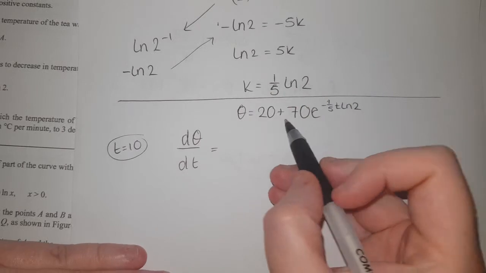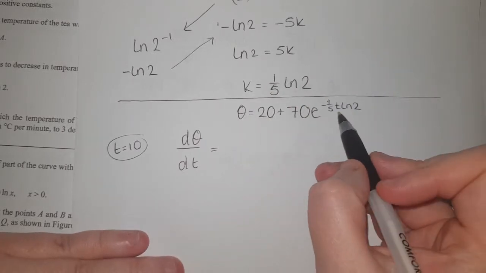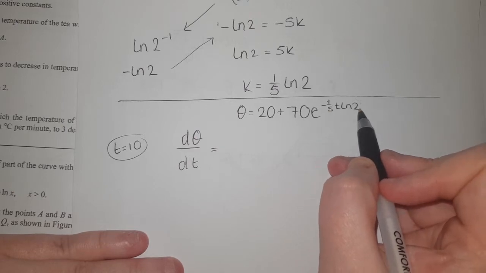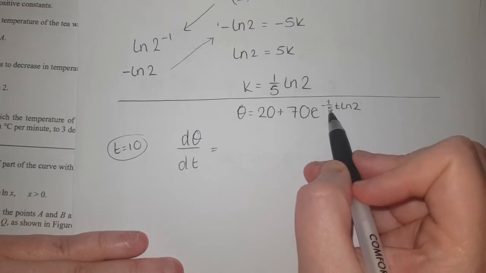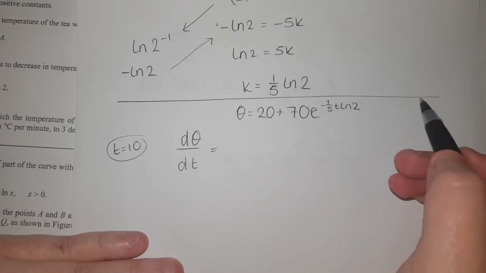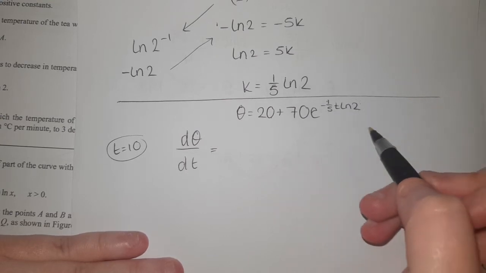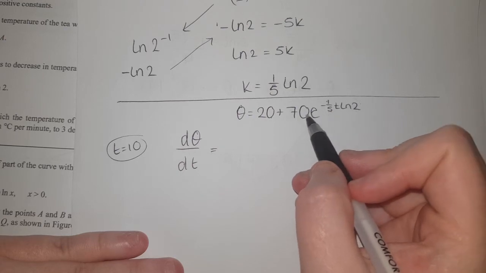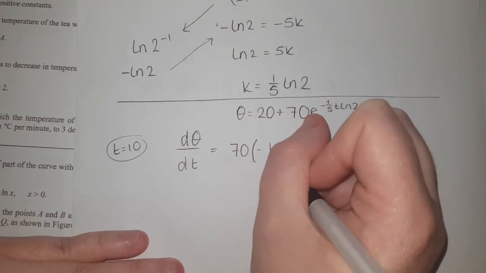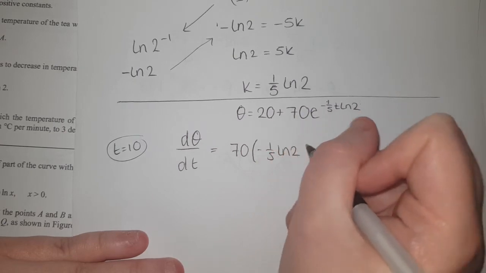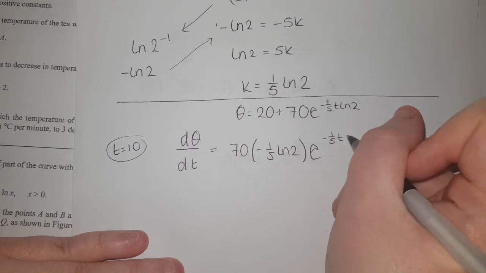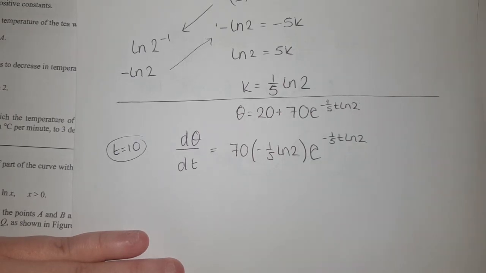So differentiating, 20 just disappears. This one, the minus 1/5 ln 2 is just a number. So when you differentiate, that's your constant. So we know e to the ax, you bring the a in front. So we're bringing the minus 1/5 ln 2 in front. So you're going to do 70 times minus 1/5 ln 2 e, and remember the power doesn't change, minus 1/5 ln 2.